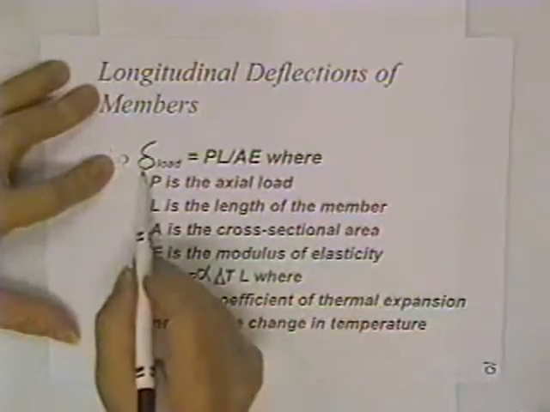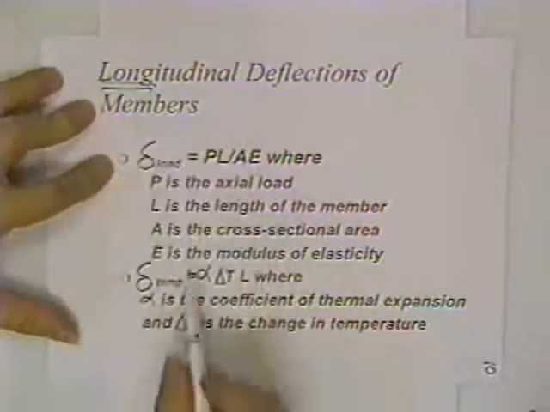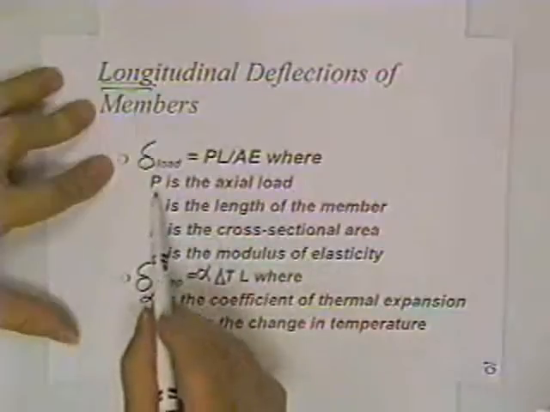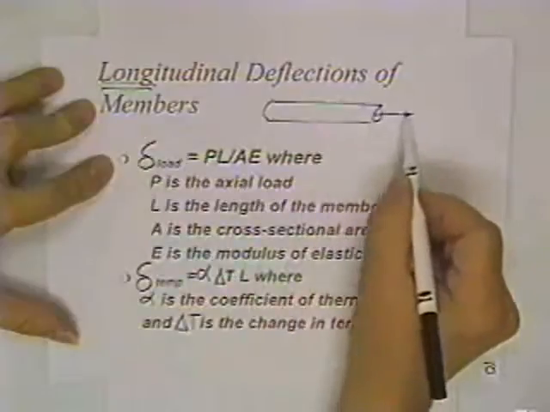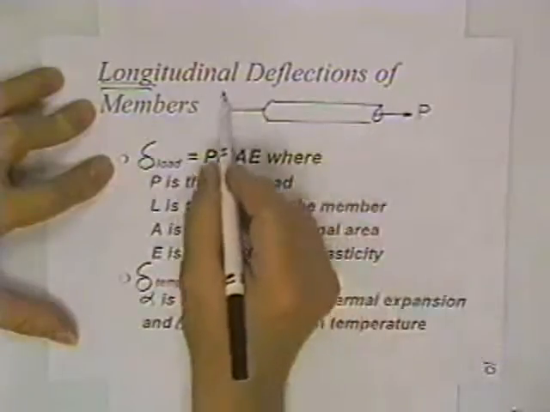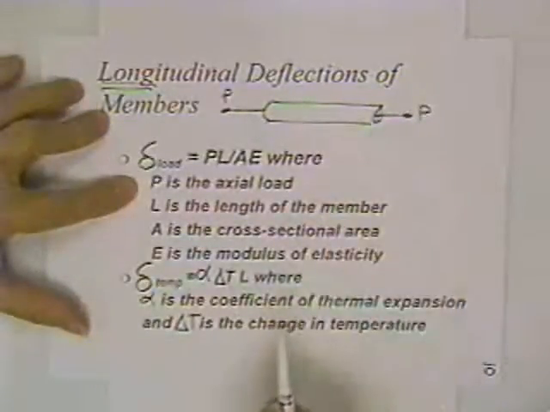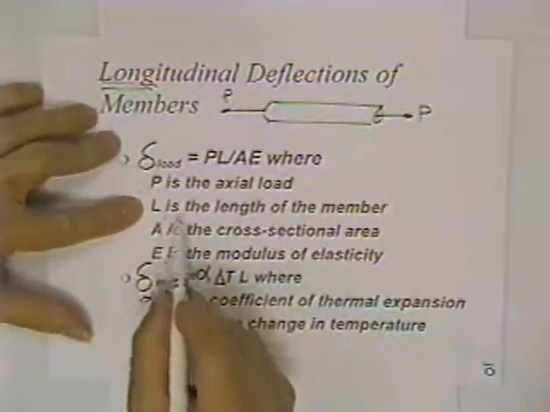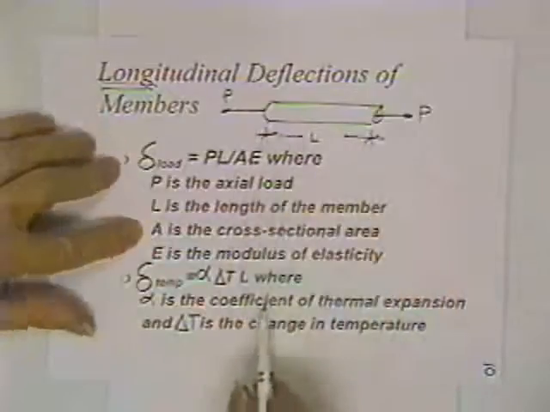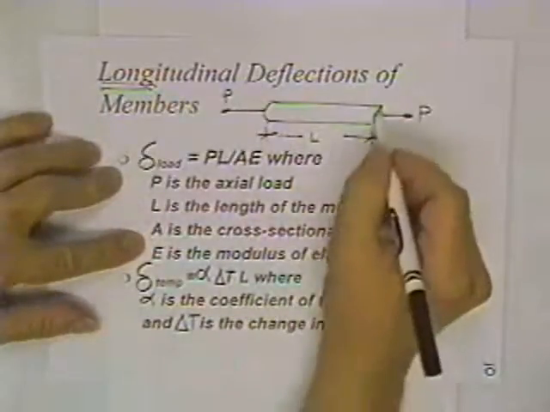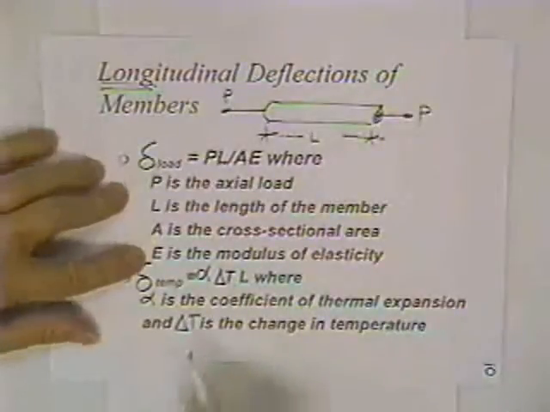The equation for how much deflection you get when you load a long member: the load P is how hard you pull on the bar. Just draw one here. The load is supposed to go right in the middle. The length of the bar is L. The area is the cross-sectional area right across the load, across the axis of the load.